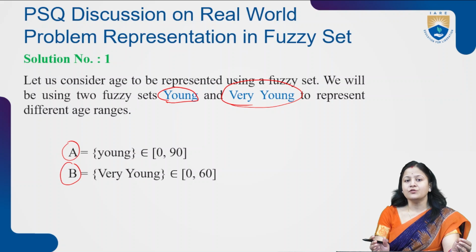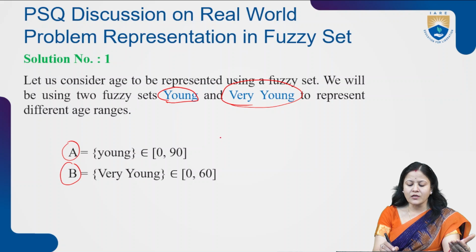The young set belongs to the age between 0 to 90, and the very young set belongs to the age 0 to 60. If A belongs to 0 to 90 and B belongs to 0 to 60, then what membership value can we assign if a person is 30 years of age?